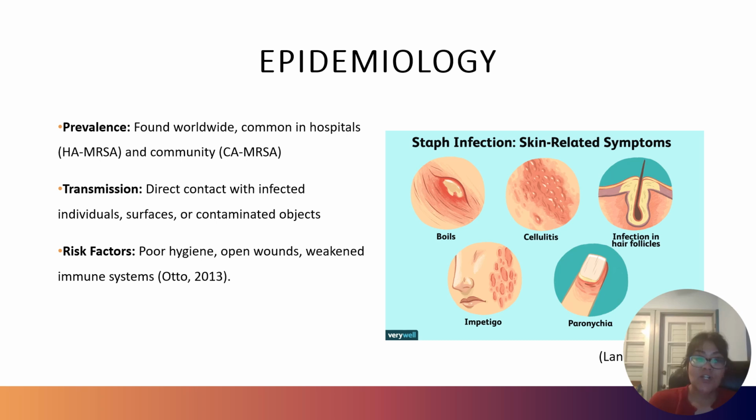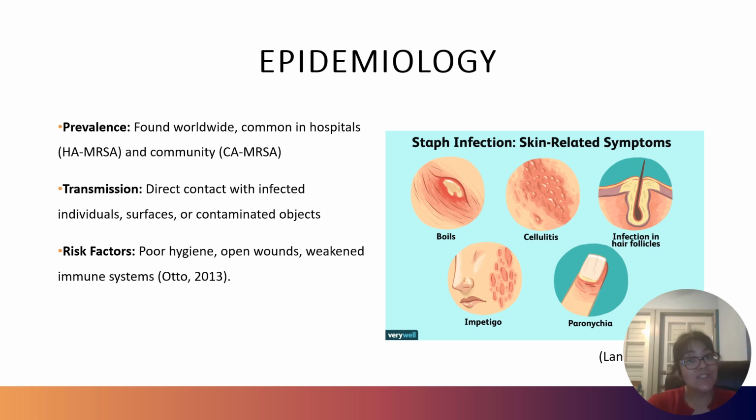Now, like we mentioned earlier, transmission is going to be caused by direct contact. So making direct contact with something that is infected or something that has the bacteria, whether that's making direct contact with somebody or grabbing an item that is going to be contaminated. Some risk factors, of course, are going to be having poor hygiene.